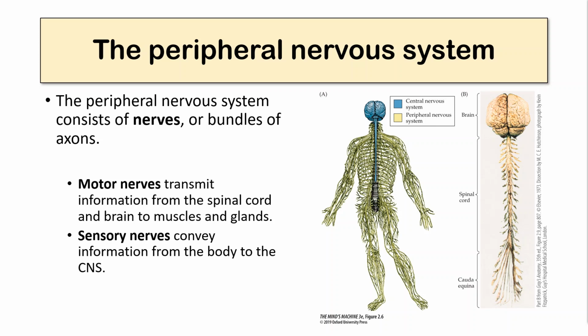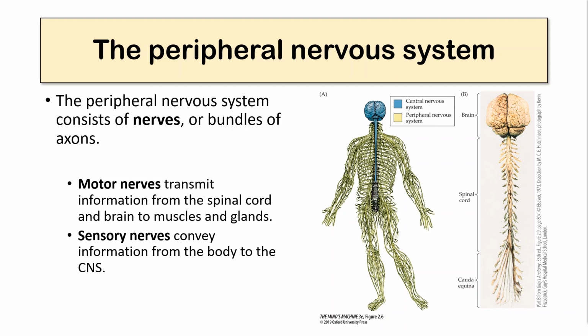We saw a long process coming off of the cell body called an axon. A nerve is a collection of axon fibers. So a single nerve will contain hundreds or thousands of individual axons that are all bound together, leaving the spinal cord at certain intervals and going out into the periphery.